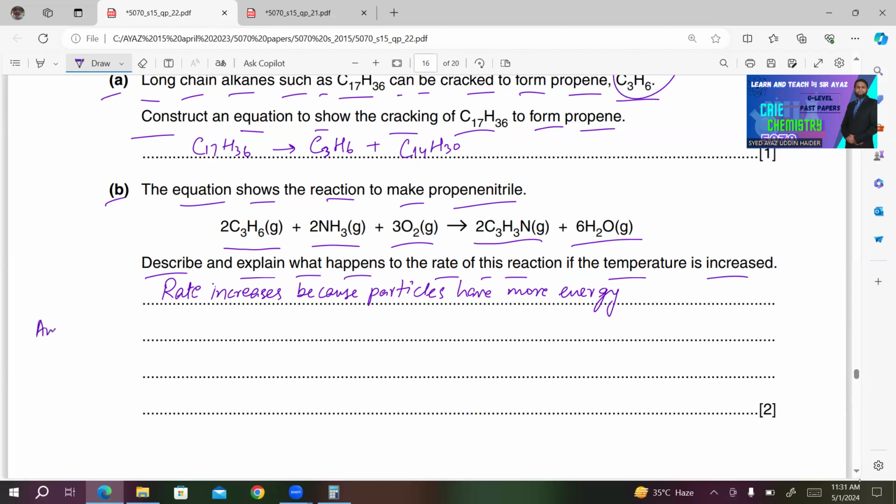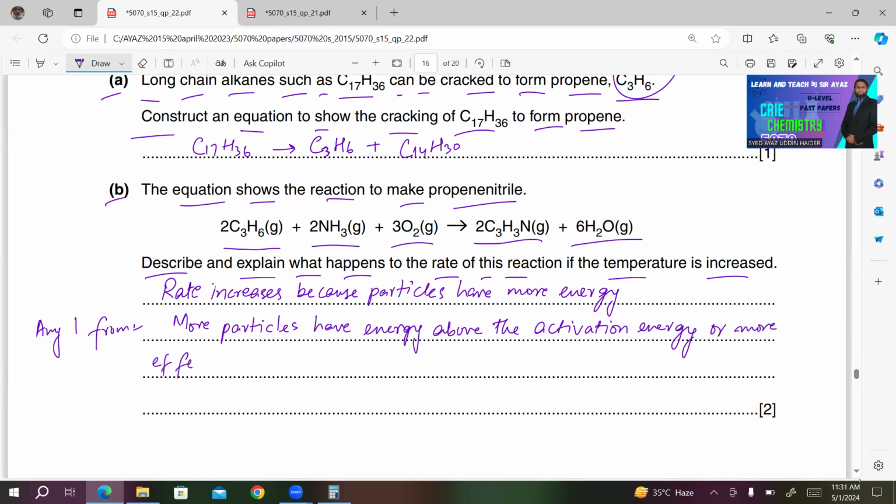You can write any one from: more particles have energy above the activation energy, or more effective collisions, or more chances of successful collisions.